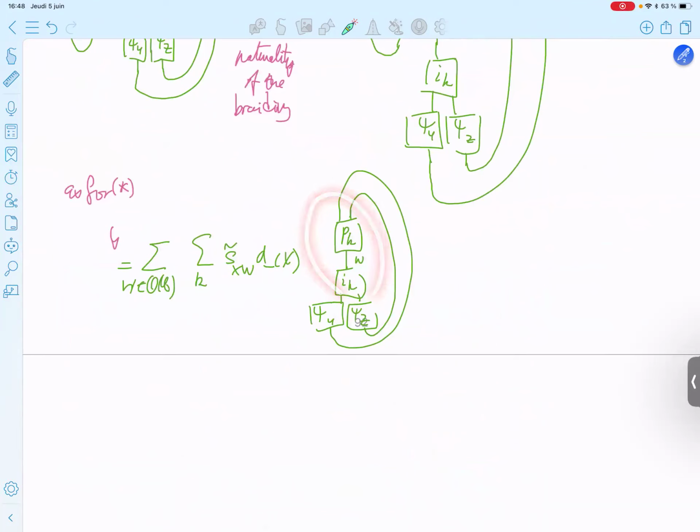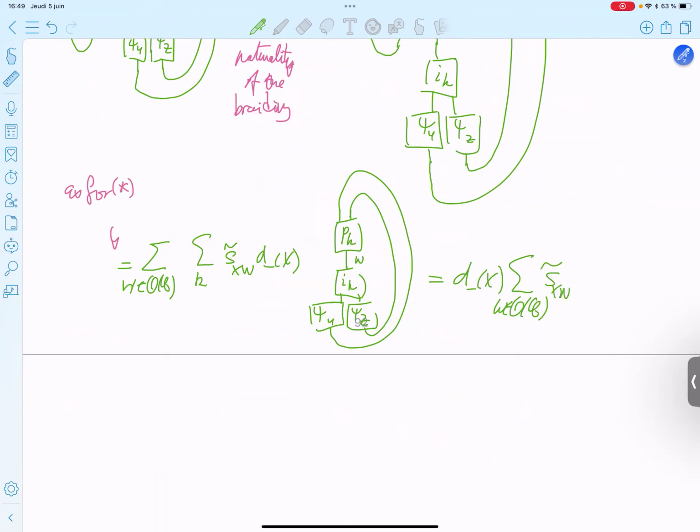So the sum here does not depend on k, so you can put it out. So you get the sum of that, which will come back to the initial idempotent, the big idempotent. So this is equal to d minus x sum y simple s tilde x w, and you have the big idempotent.